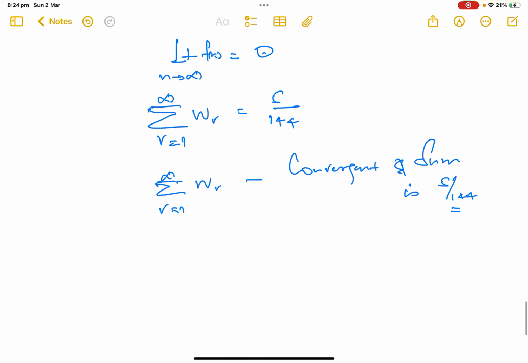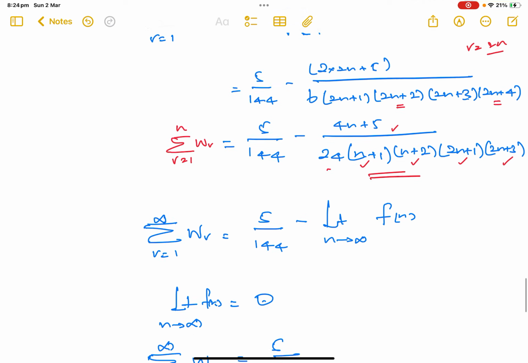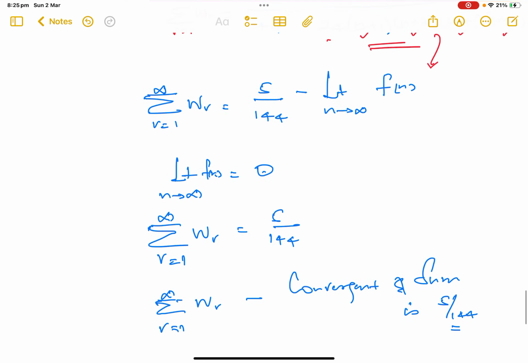Okay, we know this bit is the sum of w_r, r from 1 to n. Now r from 1 to infinity, so n becomes infinity, whether 2n or whatever, it is infinity now. So 5 over 144 is the same. As n tends to infinity, this part, the whole thing, I just call it f(n).